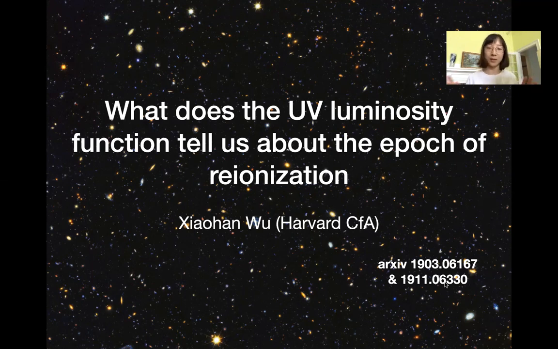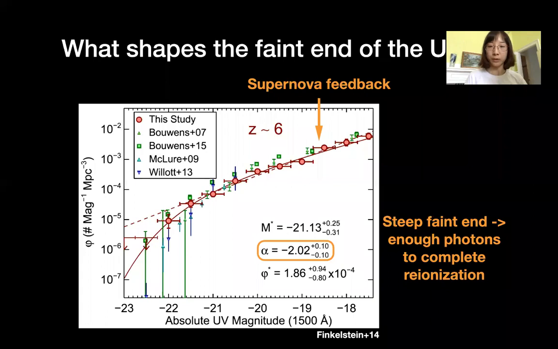So let's get started with the luminosity function. Let's focus on the faint end of the luminosity function first. Here is the observed UV luminosity function by Steve Finkelstein at redshift 6. And as we have heard so many times before, the faint end of the luminosity function is shaped by supernova feedback.